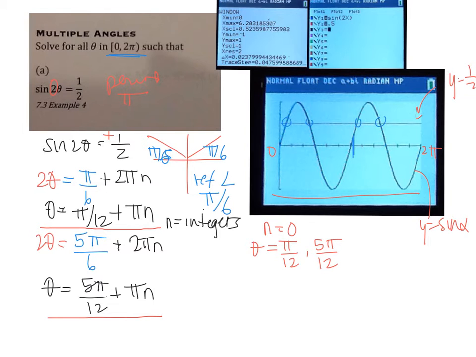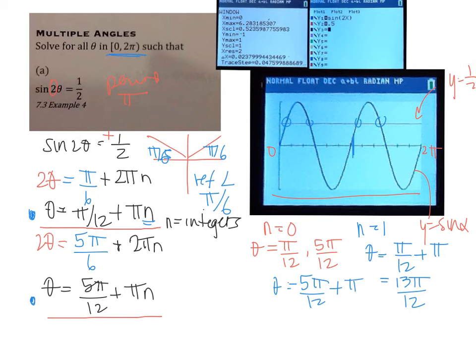Now I'm going to let n equal 1. I'm going to go back to that first equation here. And if n is 1, then I'm looking at theta having a value of pi over 12 plus pi, or 13 pi over 12. And if I go back to this equation here, if n is 1, then theta will have a value of 5 pi over 12 plus pi, or 17 pi over 12.